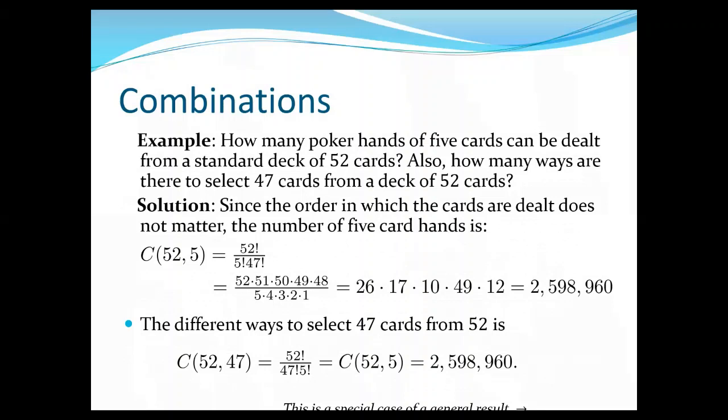Based on that, using the theorem number 2 formula, we have 52 factorial divided by the number of containers, which is 5, so 5 factorial, and the other cards, the n minus r, so we have 47 factorial.